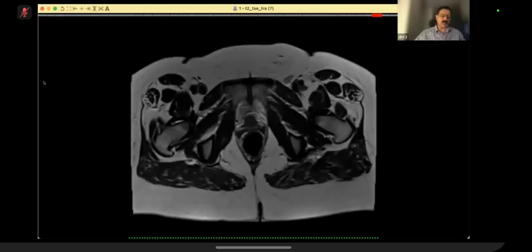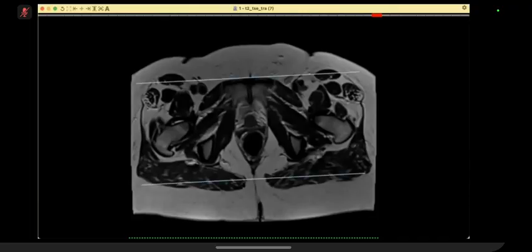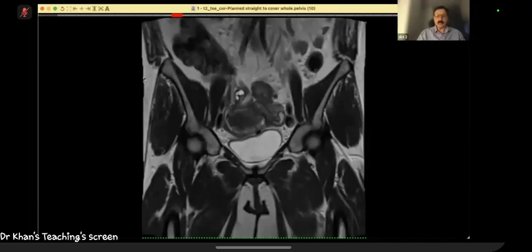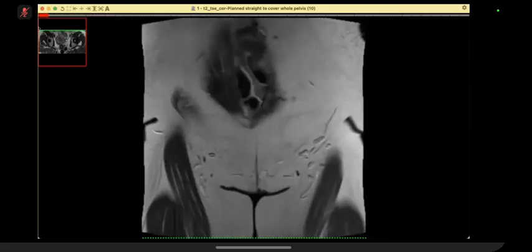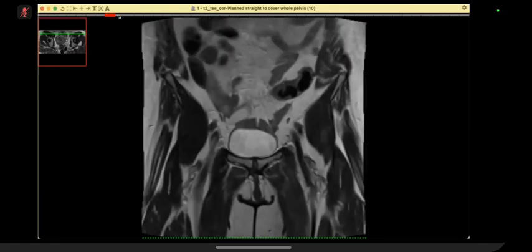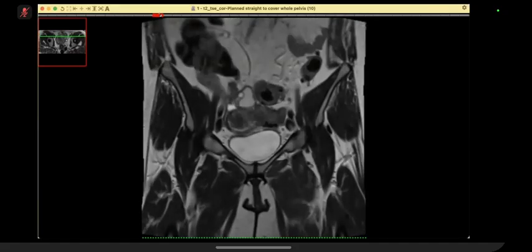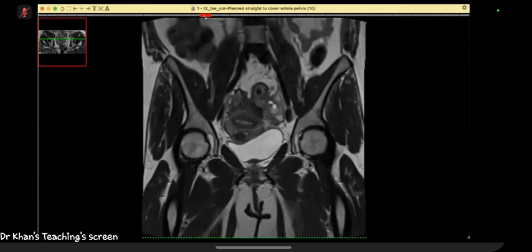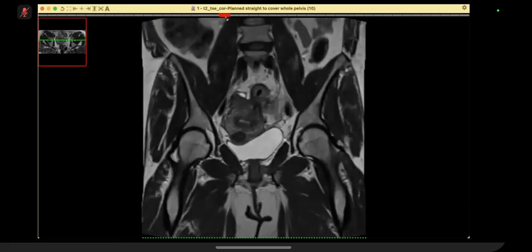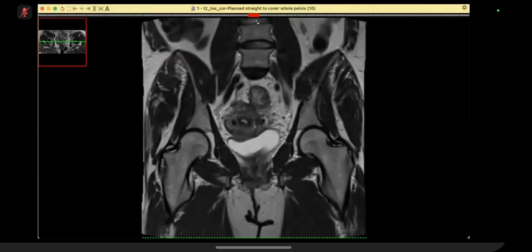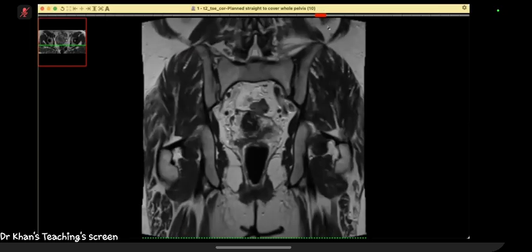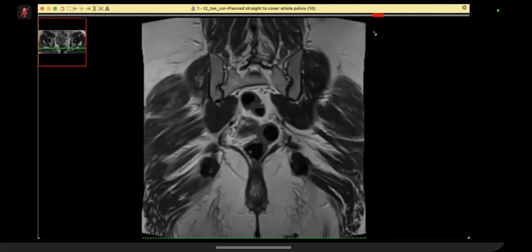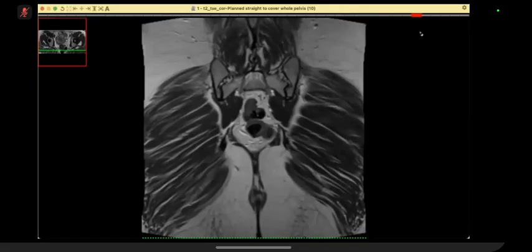This might help you. Thank you. Checking the coronal. Okay, again, the lesions are mainly in the myometrium and the junctional zone.